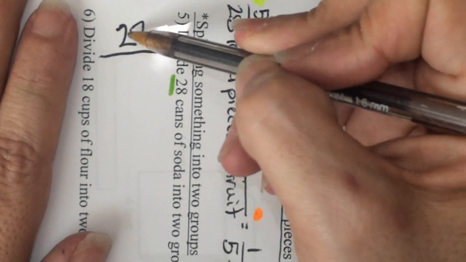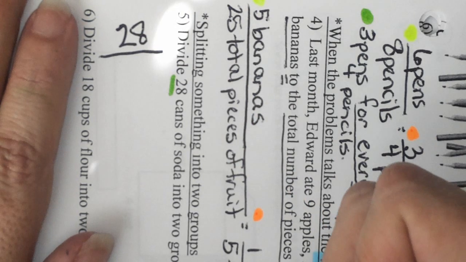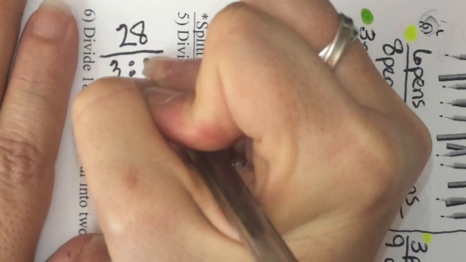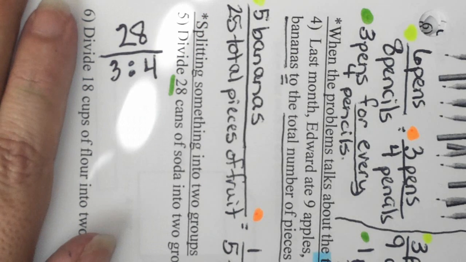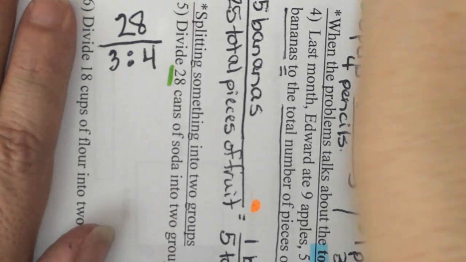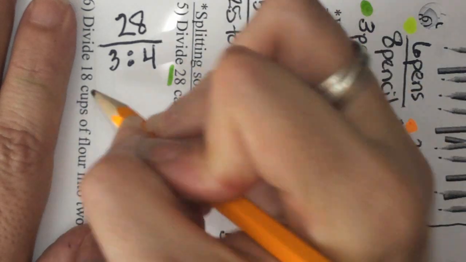So I have 28 cans. They want me to divide it up into a ratio of 3 to 4. So I write 3 to 4 because that's what they told me to break it up as. Now, this is where the kindergarten part comes in. Ha ha. I draw boxes, and I draw going down.